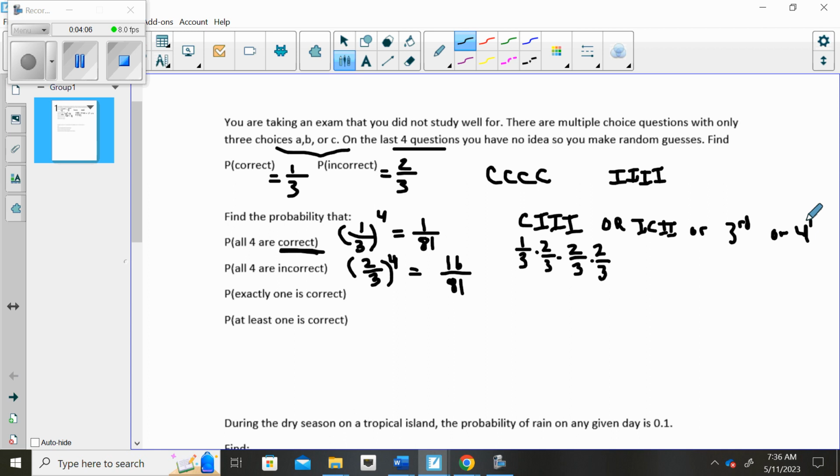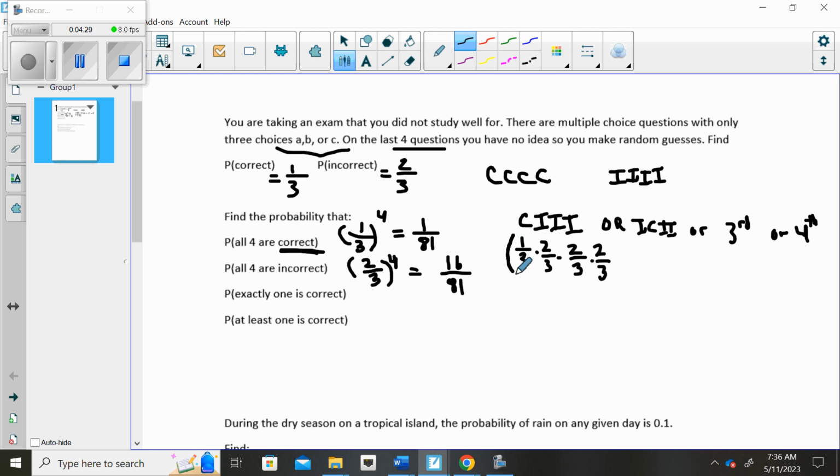Okay, so if you were to figure all these probabilities out where you do right here 2/3 times 1/3 times 2/3 times 2/3, you're going to see you're going to get these same fractions. They'll just be in different orders. All right, so the easiest way to handle this then is to say, well, then there were 4 ways it could happen.